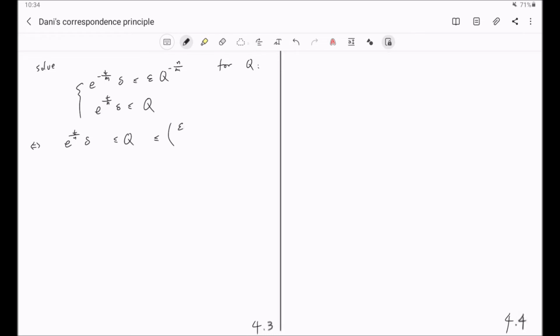If you look at our first equation, this is epsilon divided by delta times e raised to the power t over m, raised to the power m divided by n. And this is epsilon over delta raised to the power m over n times e to the t over n.